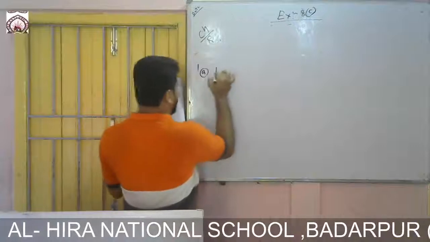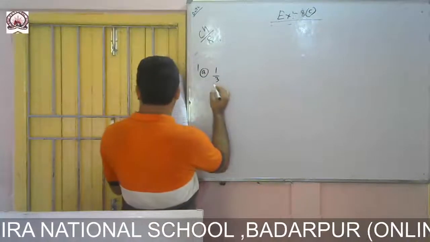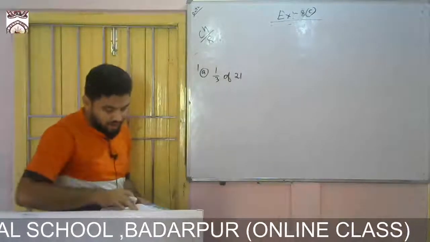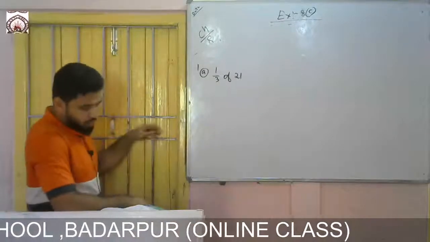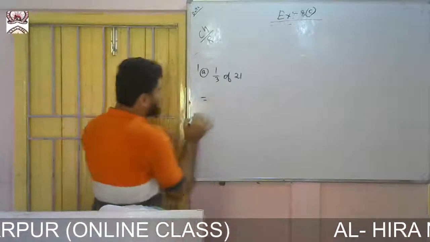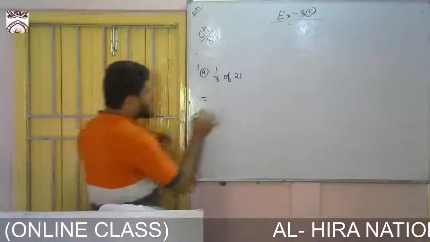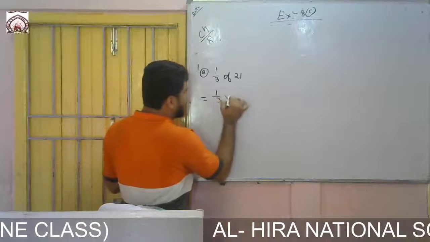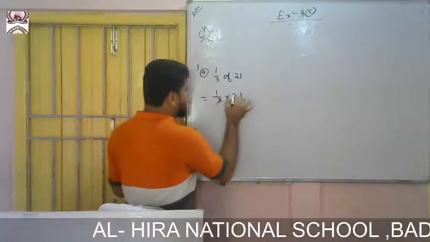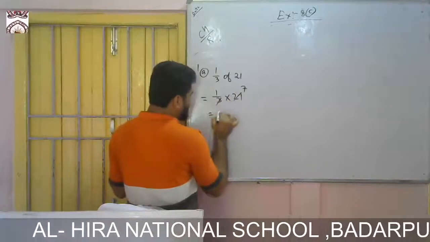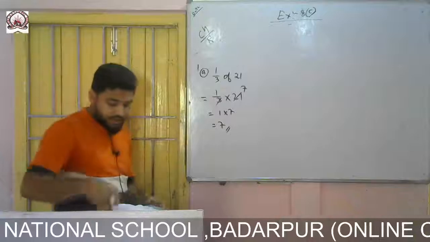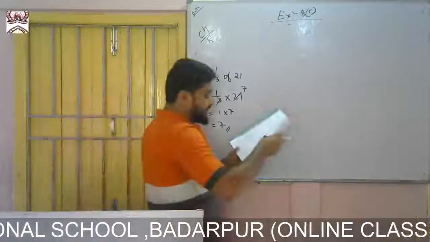A. 1 by 3 of 21. Okay, so 1 by 3 into 21. Okay, so what? Now cancel. 3 1s are 3, 3 7s are 21. So 1 into 7, it is what? 7. Okay.